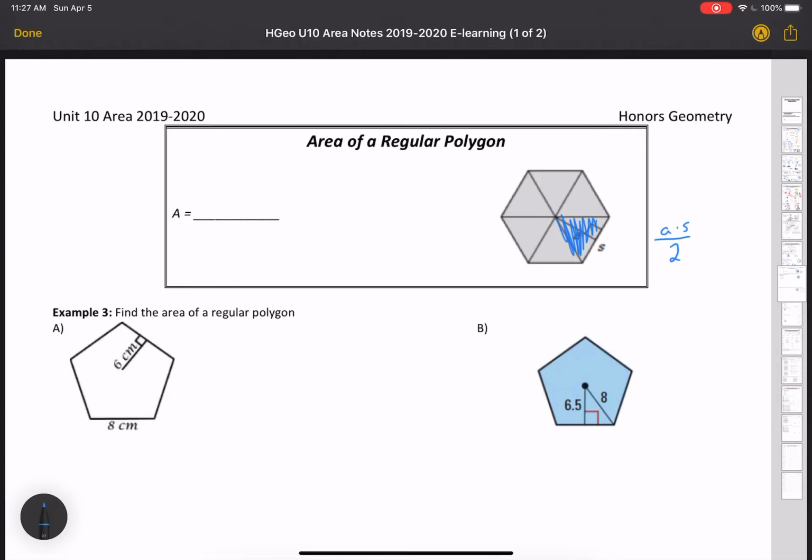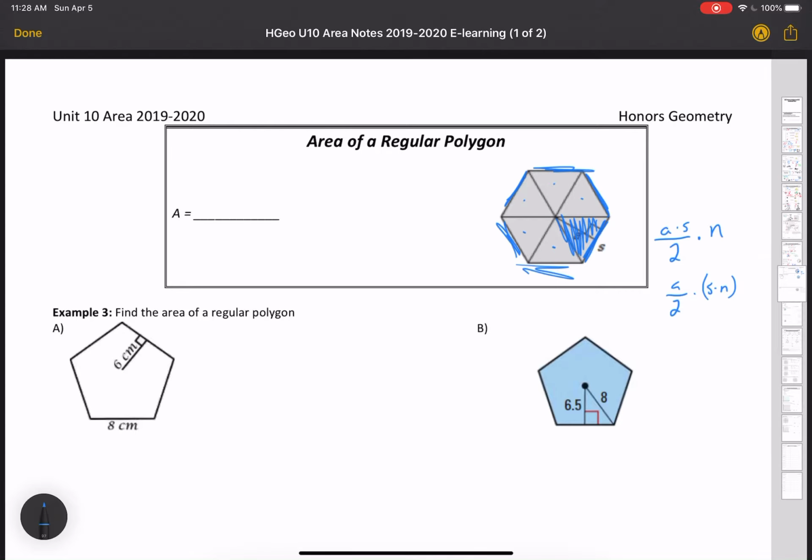Well, how many triangles are there? 1, 2, 3, 4, 5, 6, which is equal to the number of sides. So if I multiply this by the number of sides, and do a little bit of rearranging, using the associative property of algebra, if I take the side length and multiply by the number of sides, side plus side plus side plus side plus side plus side, what that's going to give me is the perimeter of my figure.